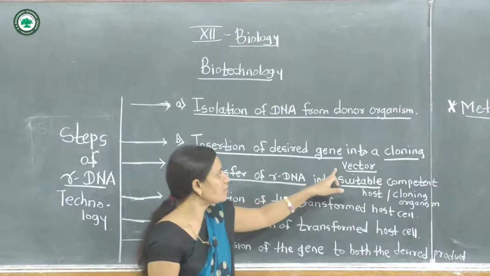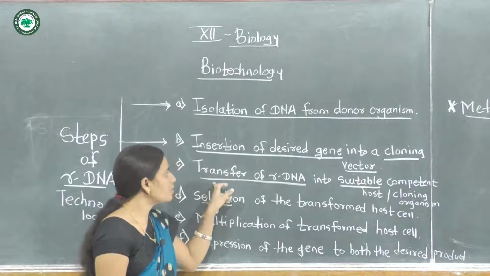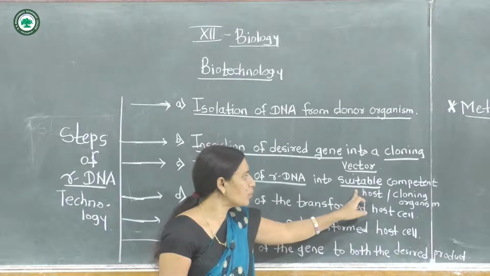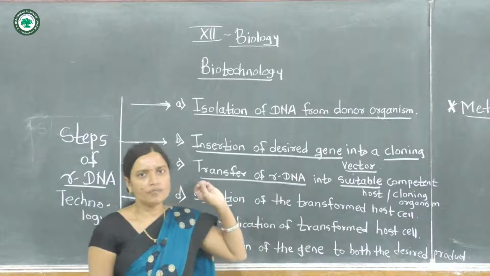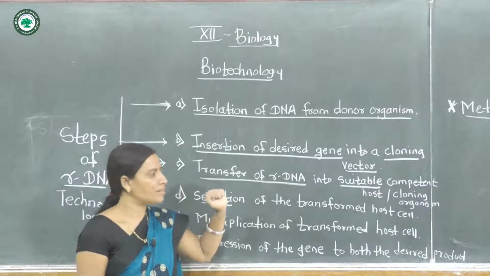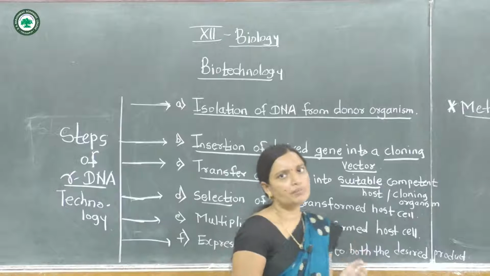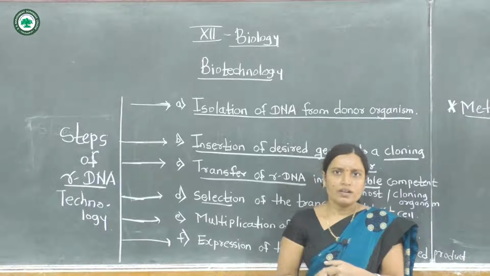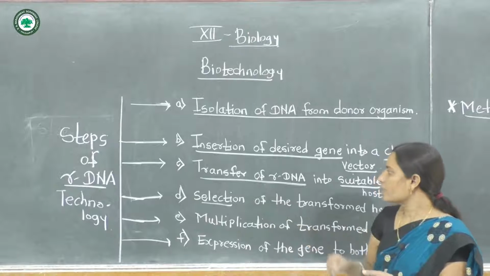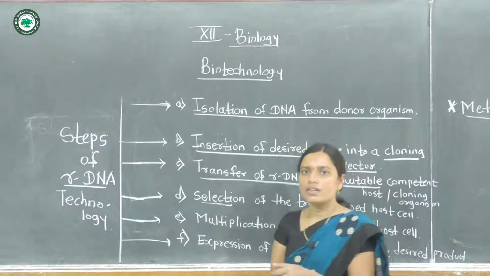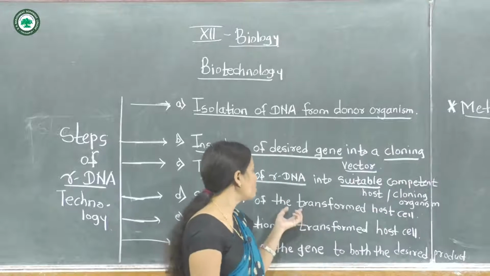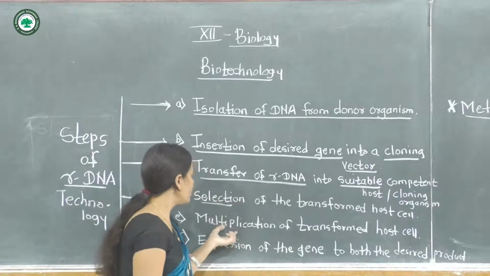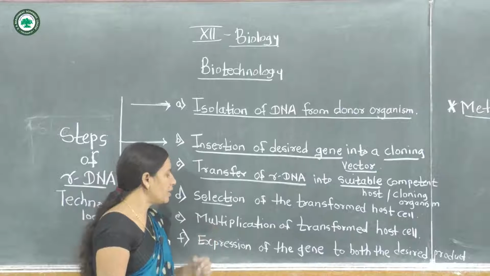Now the third step is the transfer of the rDNA into a suitable, competent host. In the third step the genetic material is transferred into the suitable host. Now the fourth step is selection of the desired gene or transformed host cell. And the next one is multiplication and expression.